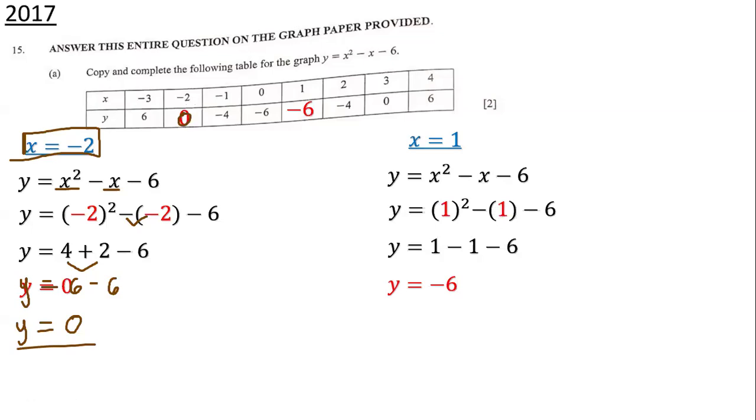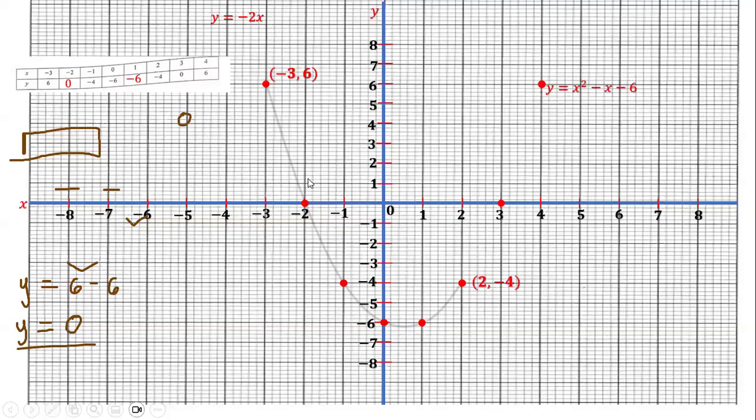All right, let's go ahead and graph this thing. So we have to plot our points. I have already plotted my points. So what is the first point?